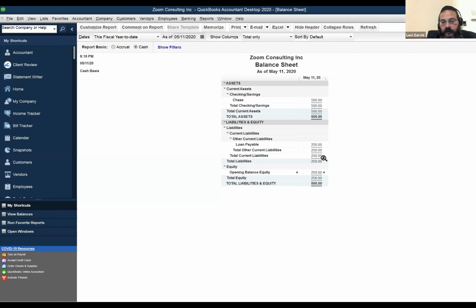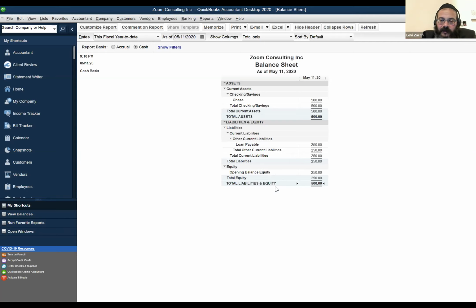You could have had $100 and $400, or $400 and $100, but always $500. The assets will equal the liabilities and owner's equity. You could think of the company as a holding company, which holds the loans that people lent to the company and the equity that someone put into the company.